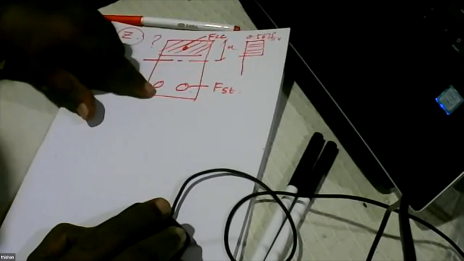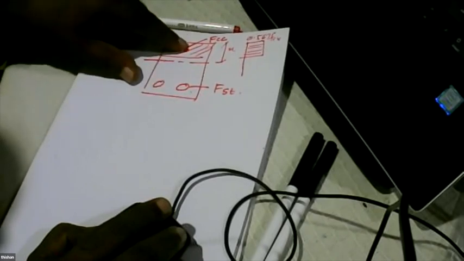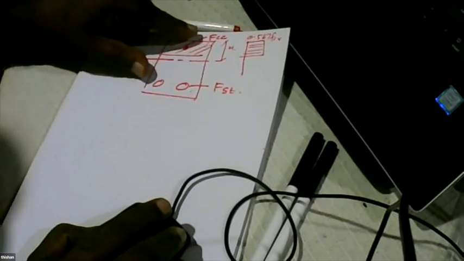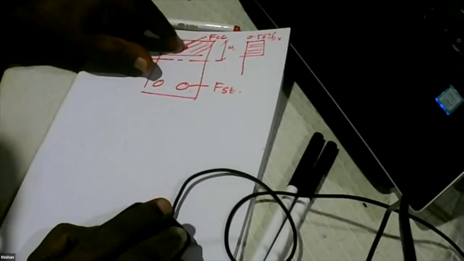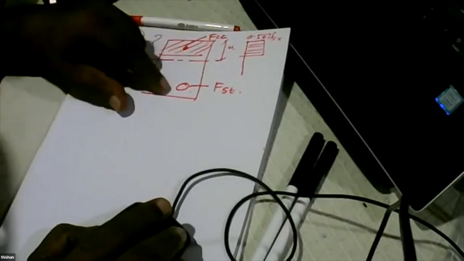These are in tension, and then this is the Fcc, that is the force in concrete, and this is Fst, that is the force in steel.